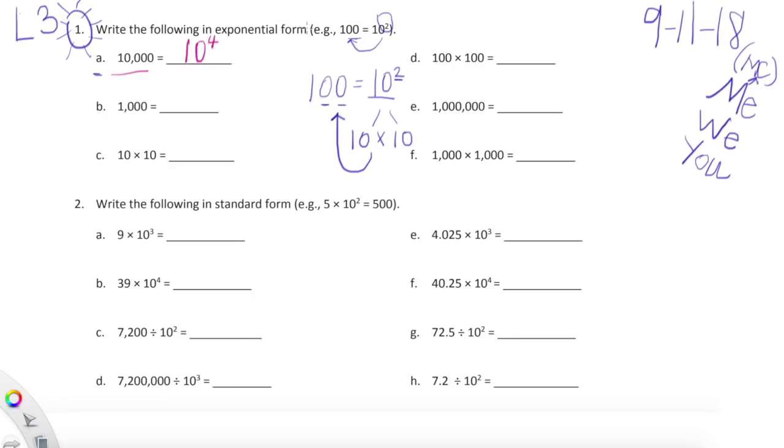According to the pattern that we've been analyzing, 10 to the 4th, or 10 times 10 times 10 times 10, will be equal to 10,000, because four 10s multiplied together will result in a product that begins with a 1 followed by 1, 2, 3, 4 zeros. So 10,000 is equal to 10 to the 4th power, or four 10s multiplied together.